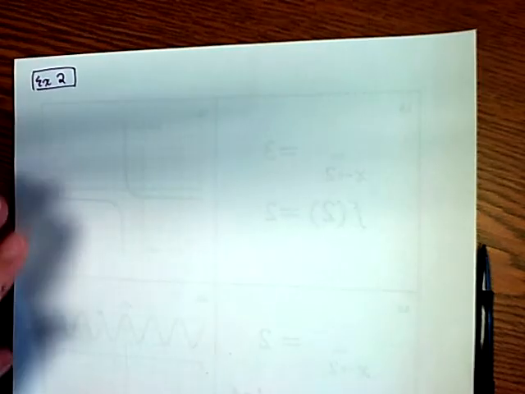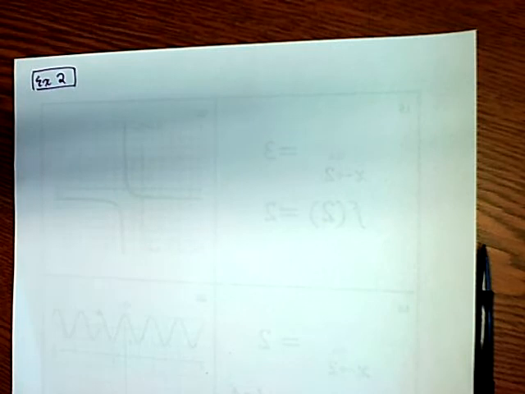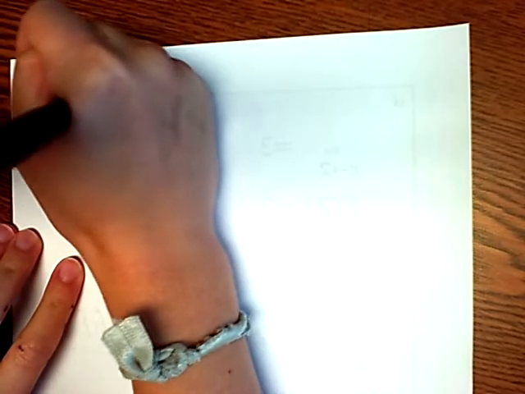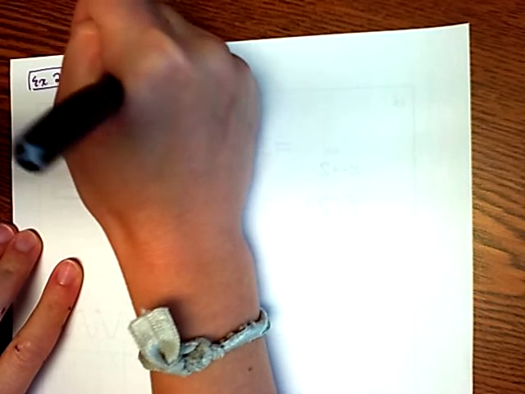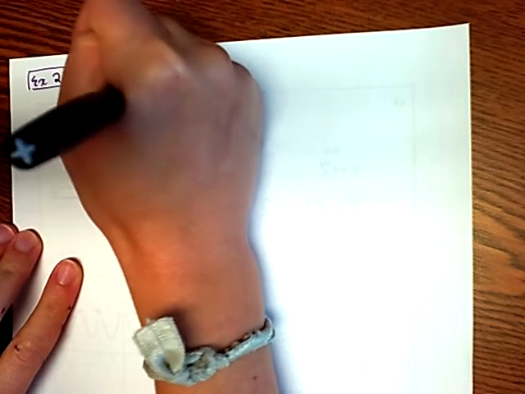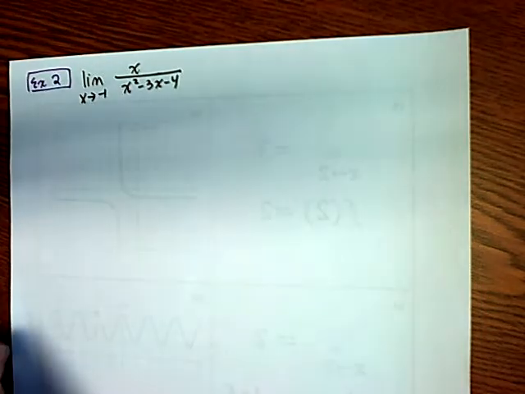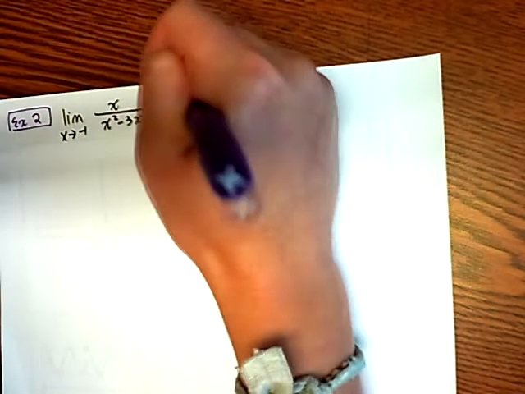So my next example is the limit as x goes to -1 of x over x squared minus 3x minus 4. My first step is to plug in -1.